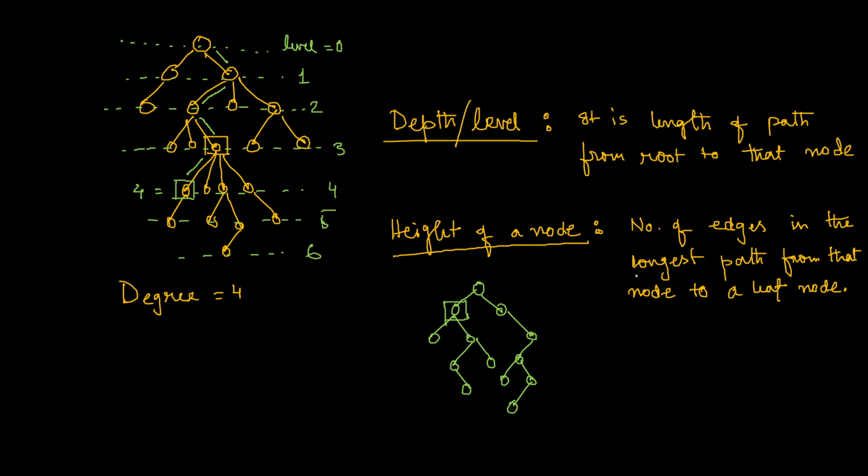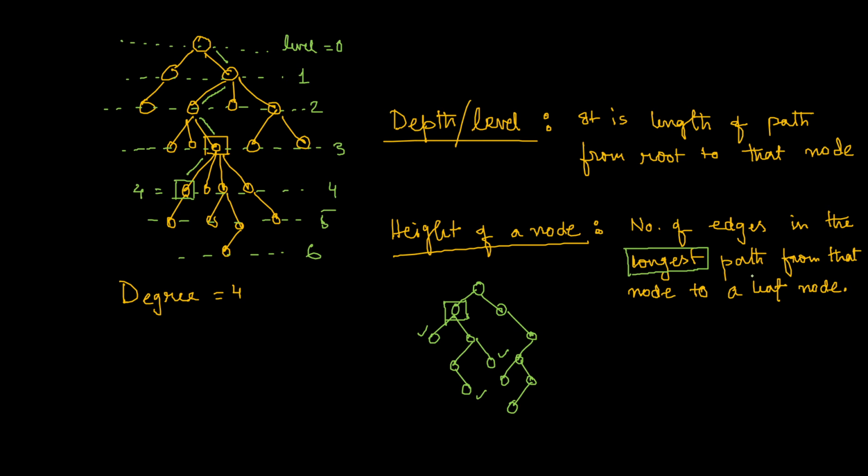If you forget about the word longest, and think of the number of edges of the path from that node to a leaf node, from this node you can reach multiple leaf nodes. You can reach this leaf node, this leaf node, this leaf node. So which path will I take?